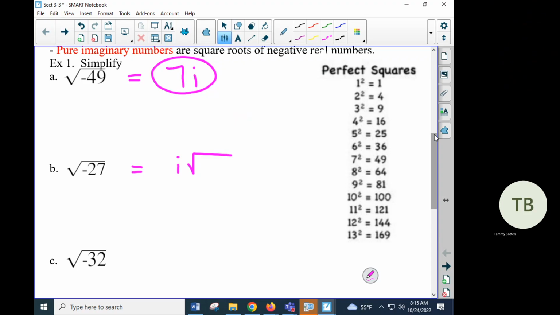So how we would write 27 under here is 9 times 3, because that is 27. And then because 9 is a perfect square, you would think, what is the square root of 9? And the square root of 9 is what? Square root of 9 is 3. So we would take that out front. Okay. And then what we would write here is we'd have the 3, we'd have the i because of the negative, and then we'd have a 3 left underneath there still.